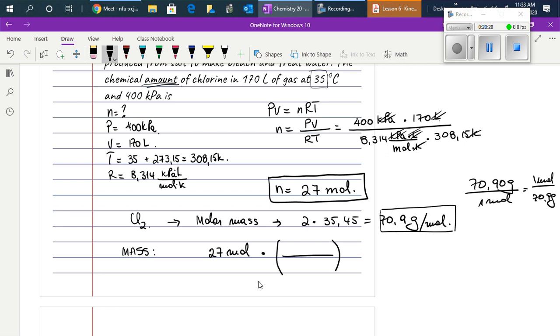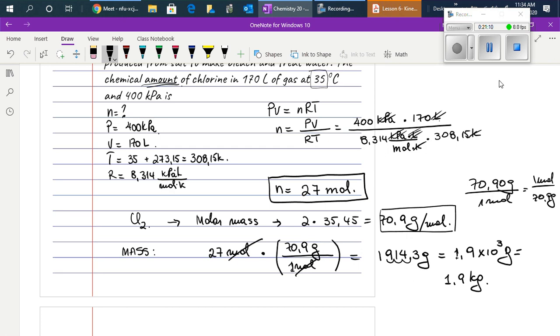So we will use the proper ratio to cancel the number of moles, 1 mole on the denominator and 70.9 grams of chlorine gas in the numerator, and we will have 27 times 70.9 equals 1,914.3 grams, or you can write 1.9 times 10 to the power of 3 grams, or 1.9 kilograms. So this is taking into consideration the correct number of significant digits.